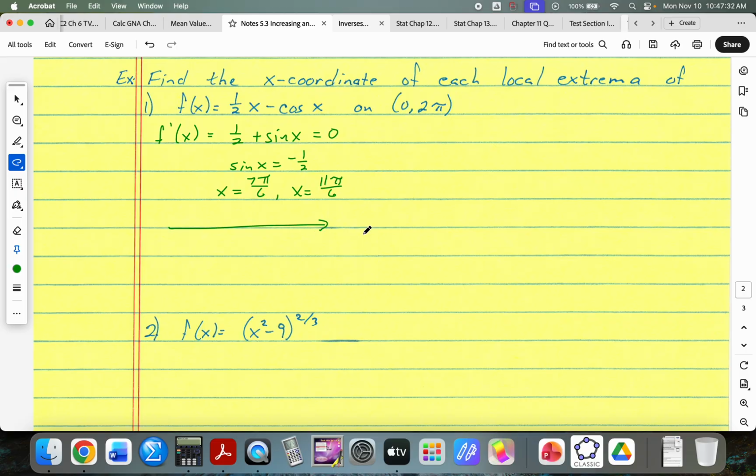All right. So again, I'll use a little number line, except I'm not going to put arrows on it this time because I'm only going between 0 and 2 pi. There's a huge gap, right?